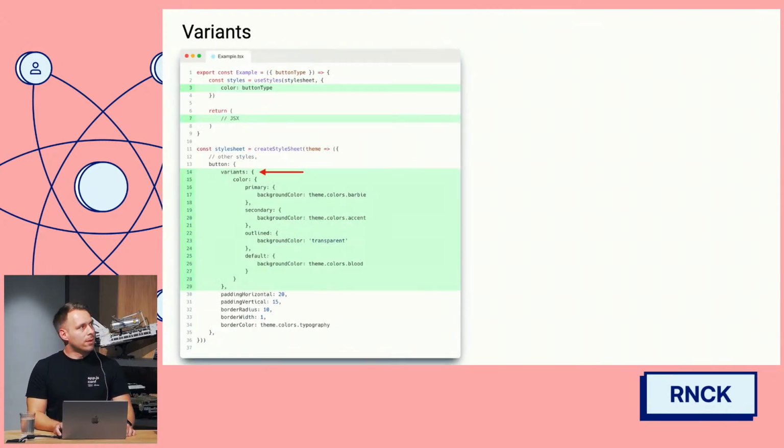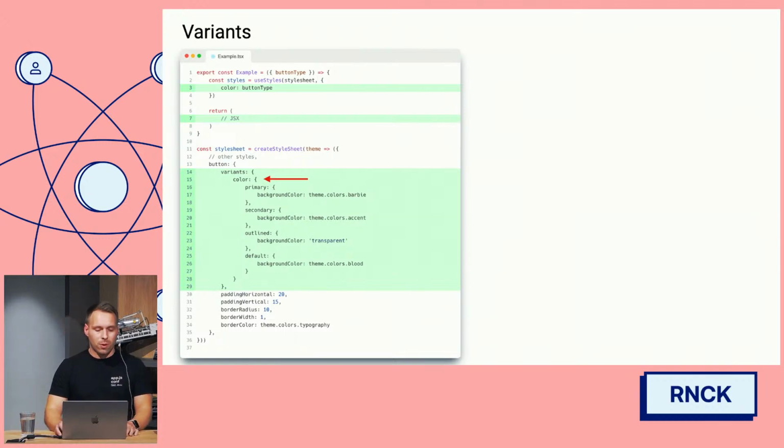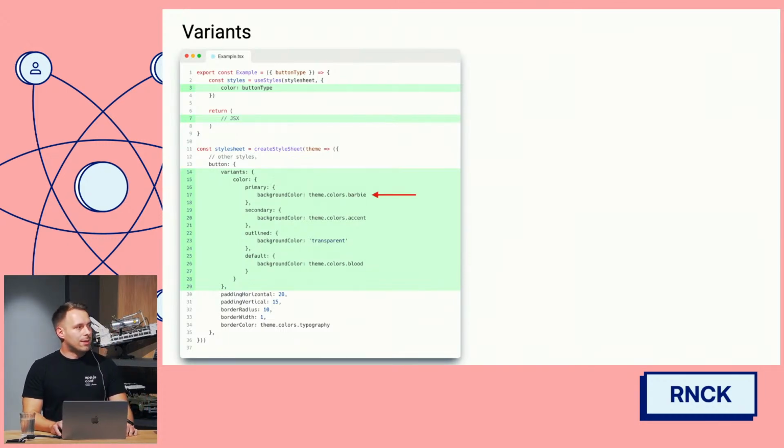What about variants? Each style key can also accept the reserved word variants. Variants accepts a group, for example, color. You may have multiple groups, there is no limit. So for example, here we have color, but you can have another group called size or whatever you want. Inside that, you can declare your variants like primary, secondary, outlined, and so on.